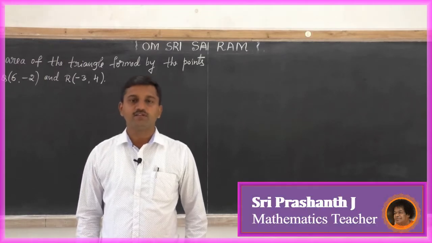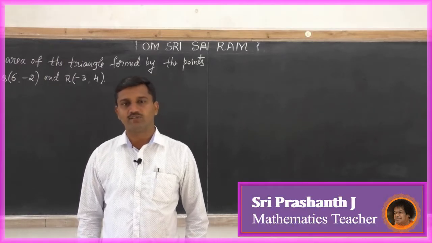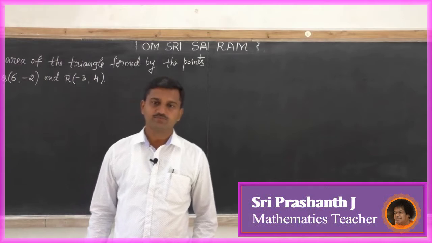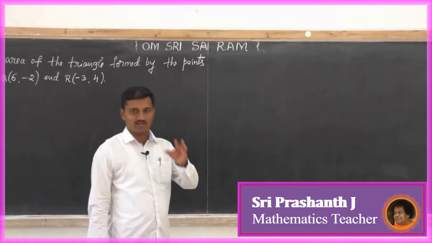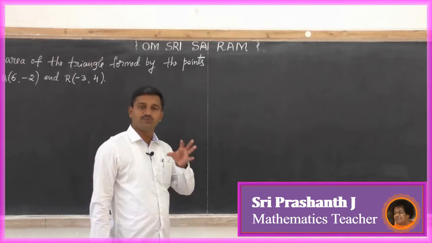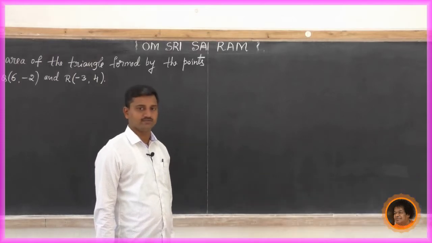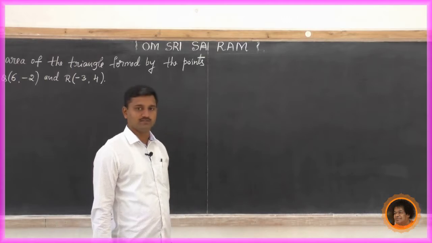In the previous session, we discussed some problems related to the area of a triangle. If the three coordinate points are given on a Cartesian plane or the Cartesian system, how to find the area of a triangle? What is the formula?